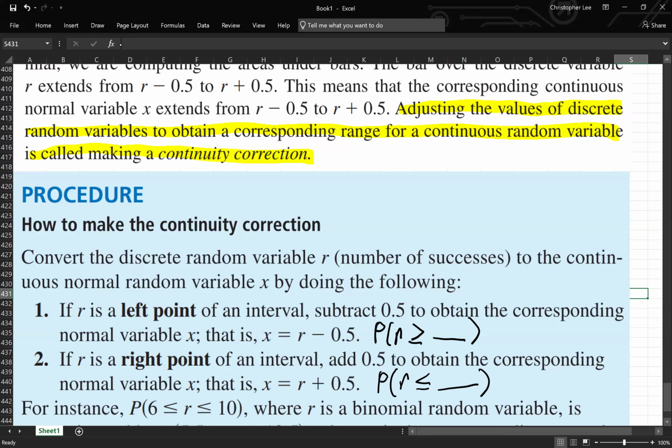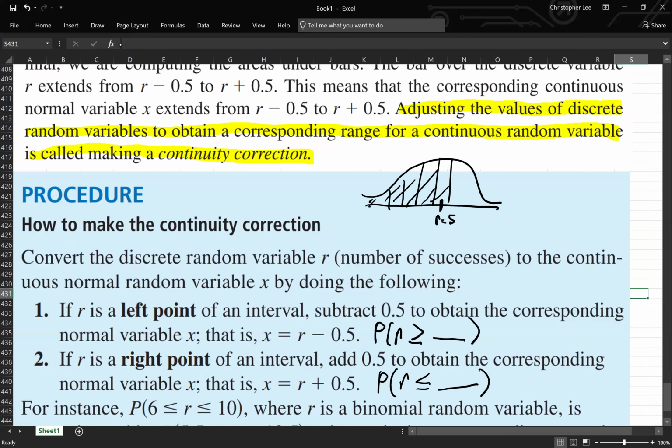So imagine I want the probability. Let's say that I had a distribution like this, and there's bars here, like histogram bars. And I want the probability from here. Let's say R is equal to 5, I'm just making it up. And I want this area from 5.